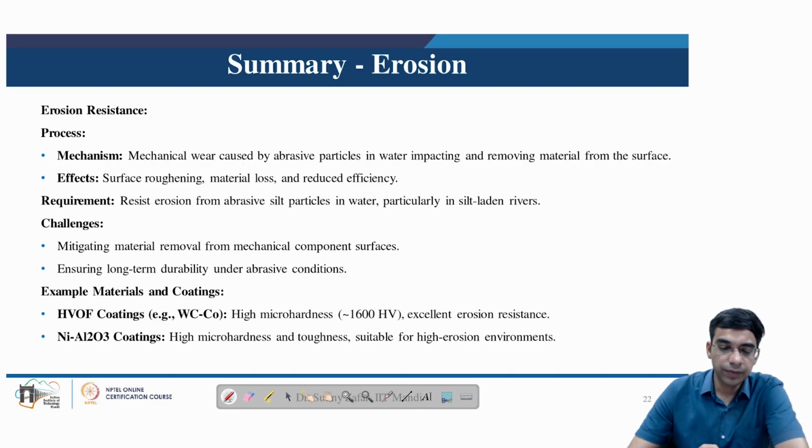Mitigating material removal from the mechanical components and ensuring long-term durability are the challenges for the hydro turbine with respect to erosion. Certain materials utilizing high velocity oxy-fuel flame coatings of ceramics like tungsten carbide cobalt, with high hardness and erosion resistance, can be utilized. Sometimes nickel aluminum oxide coatings may also be used. These are known for high hardness and toughness and are suitable for high erosion environments.